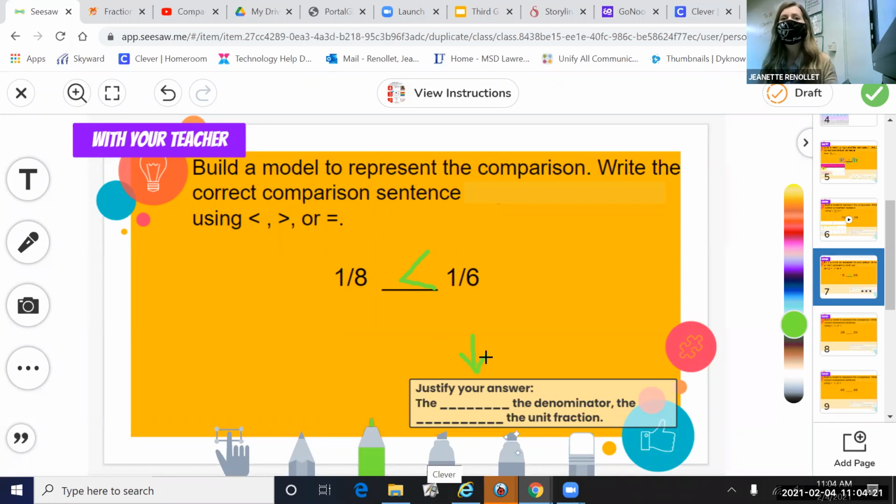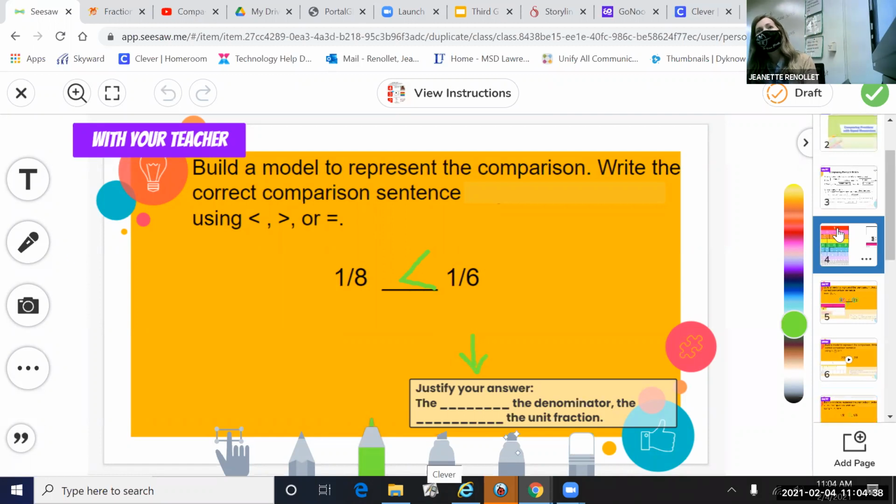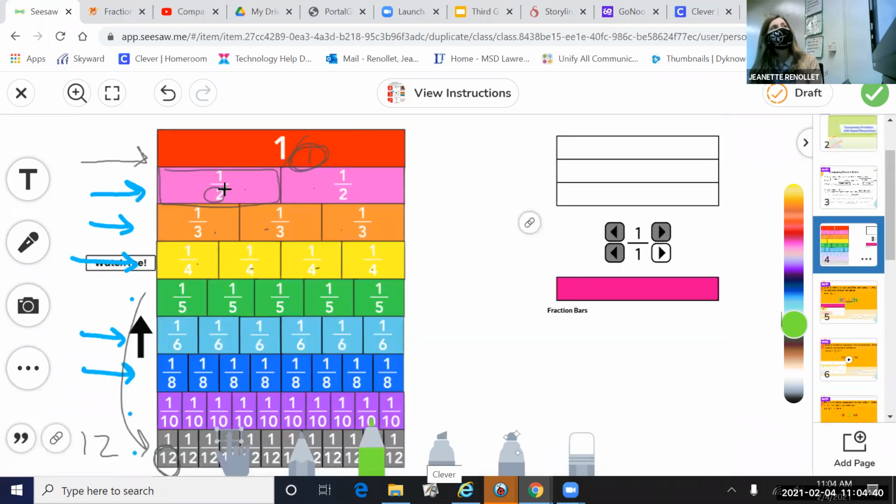The blank, the denominator, the blank, the unit fraction. The smaller the denominator, the bigger the unit fraction. Remember, go back to our tool. When your denominator is small, you have a big part, a big unit fraction.